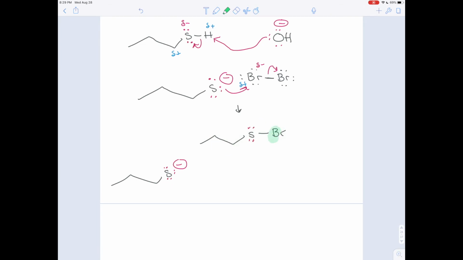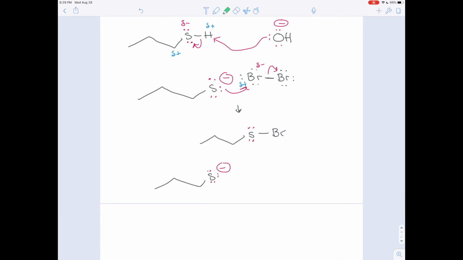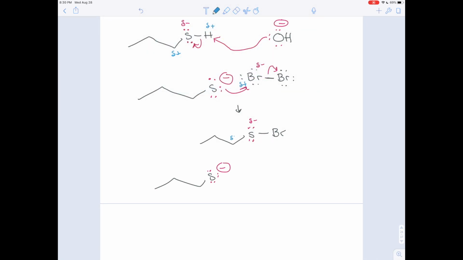Okay, so our goal was to put a good leaving group on that sulfur so that another sulfur can come in and have a chance at attacking this. And the sulfur is still slightly negative. Now, not quite as much because you have another electronegative atom here, but it still is pulling some electron density from this carbon here, which is slightly positive.